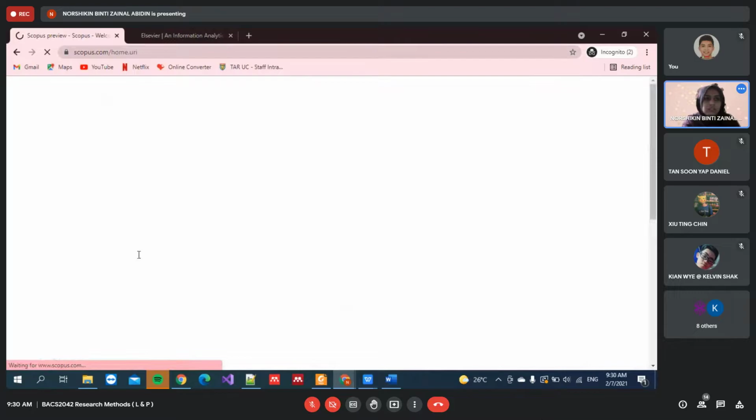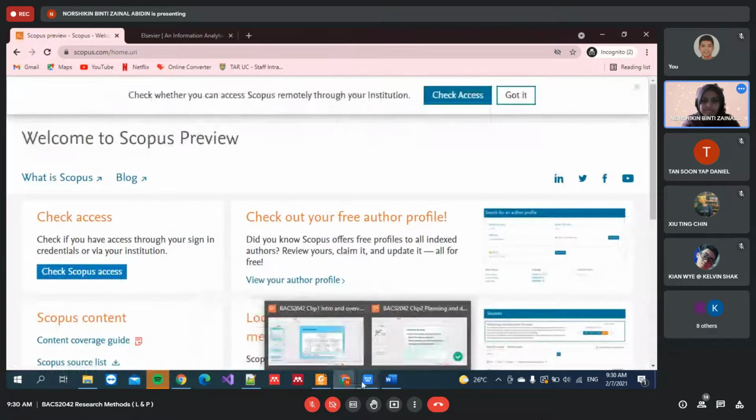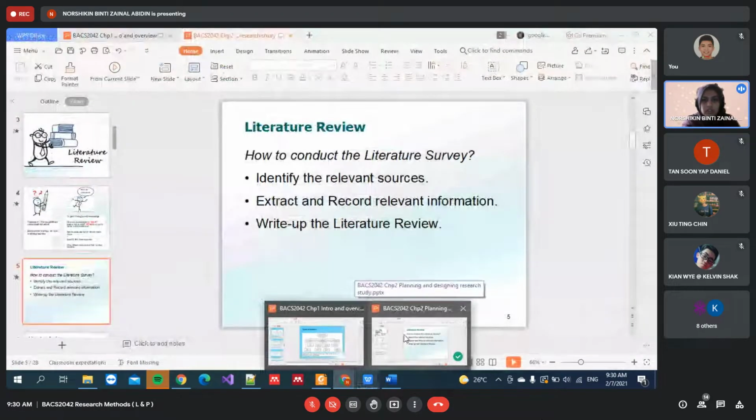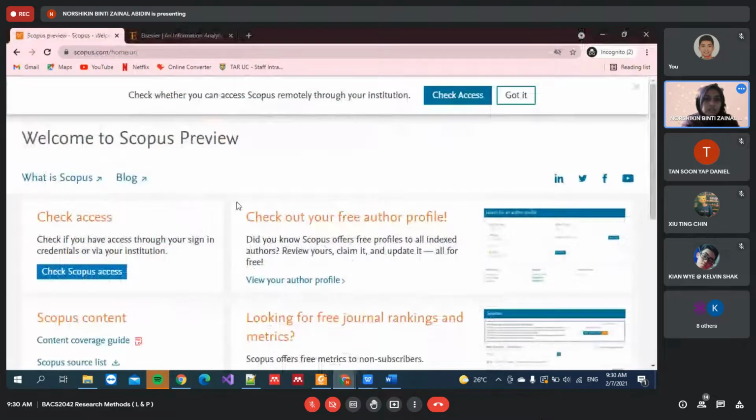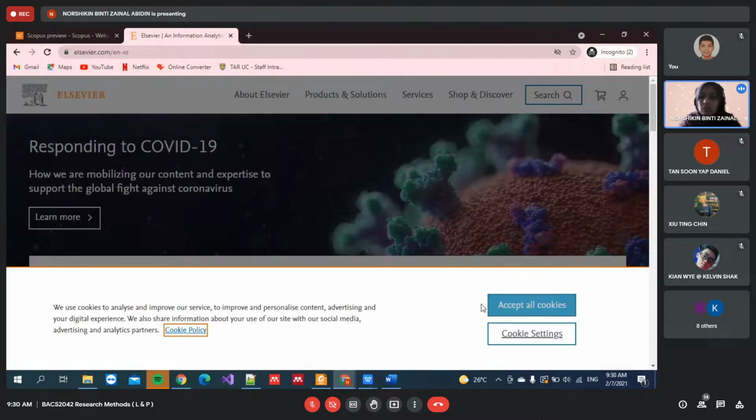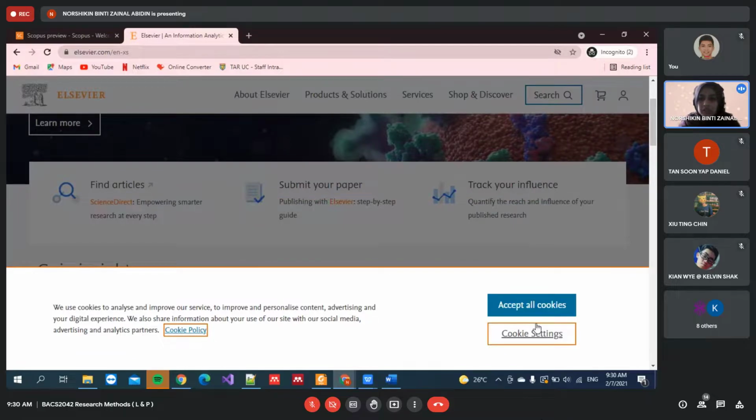So, for example, referring to this note, identify the relevant sources. We need to identify where we can look for the sources for your research. Usually the person that already did the research will state which database or which journal you can refer to.